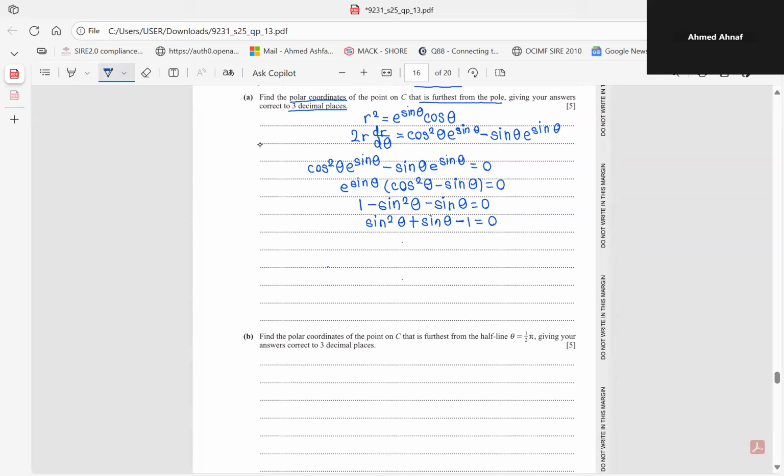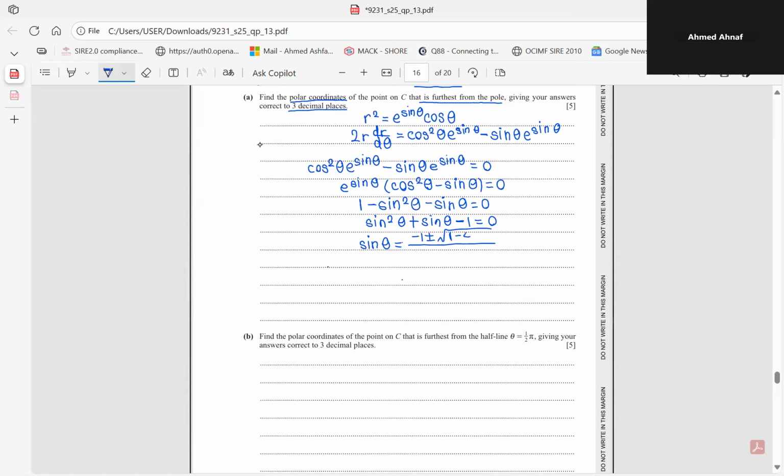Okay, to solve this, we're going to use the quadratic formula. So sine theta would be equal to minus b, so minus 1, plus or minus the square root of b squared, which is 1, minus 4 times a times minus 1, over 2a, which is just 2.